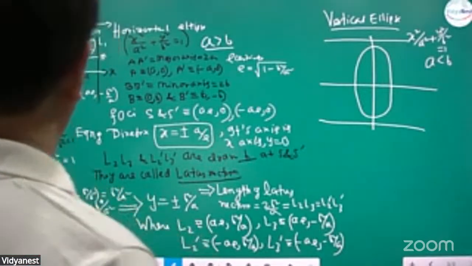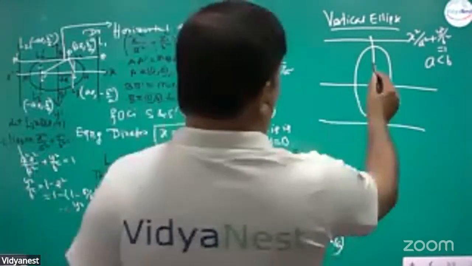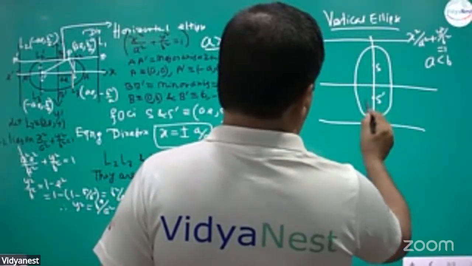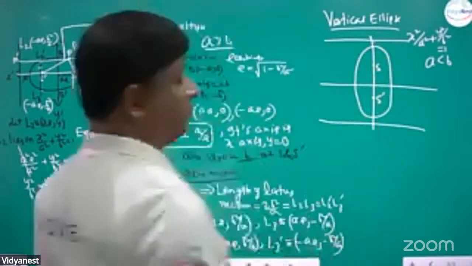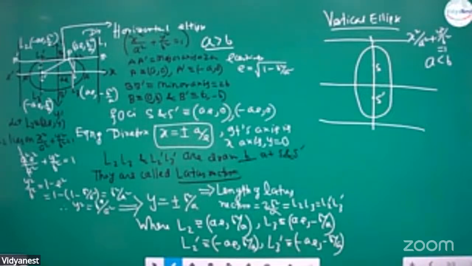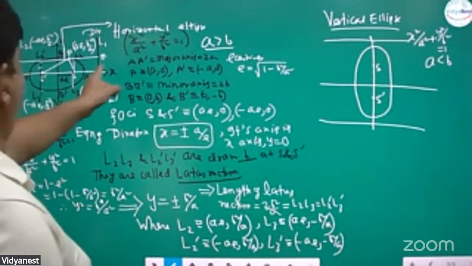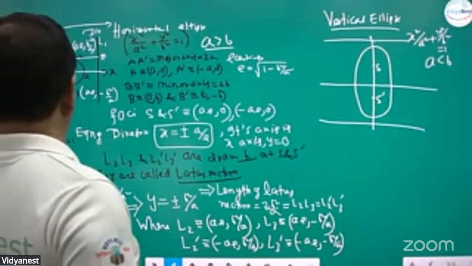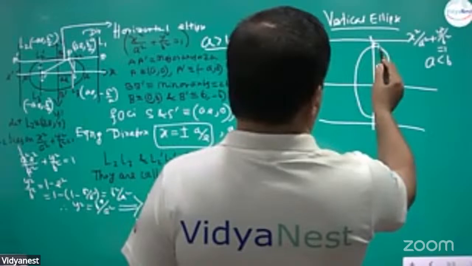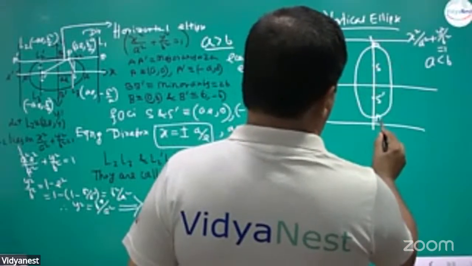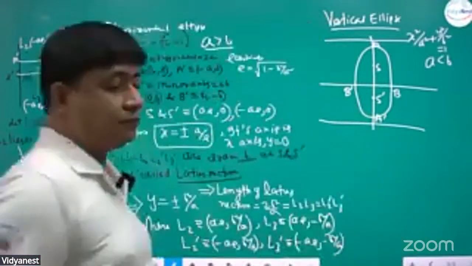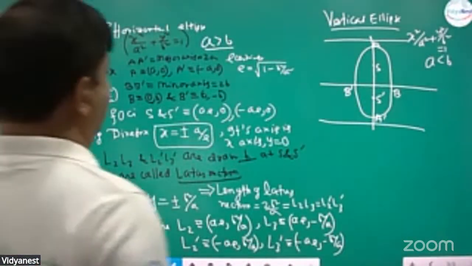Foci we got on the x-axis. Now foci you will get on the y-axis. The major axis we got along the x-axis, now along the y-axis.